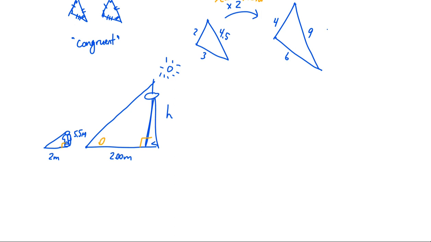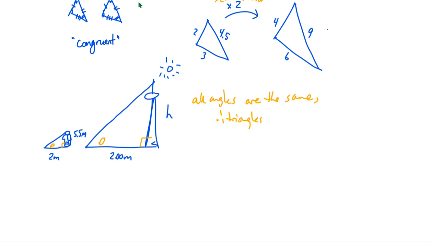So we have that this angle here equals this angle here. And we know that if two of the angles are the same, the third one must also be the same, because the third one is 180 degrees minus 90 degrees minus that circle angle that I made. So the third one's also going to be the same. So all of the angles are the same. So therefore the triangles are similar.